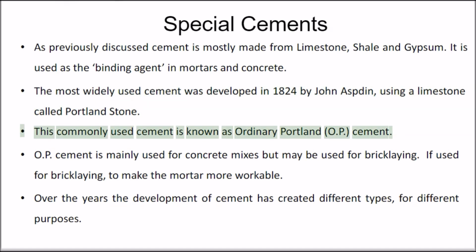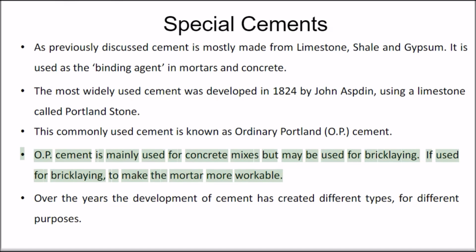This commonly used cement is known as ordinary Portland (OP) cement. OP cement is mainly used for concrete mixes but may be used for bricklaying, with a plasticizer added to make the mortar more workable.